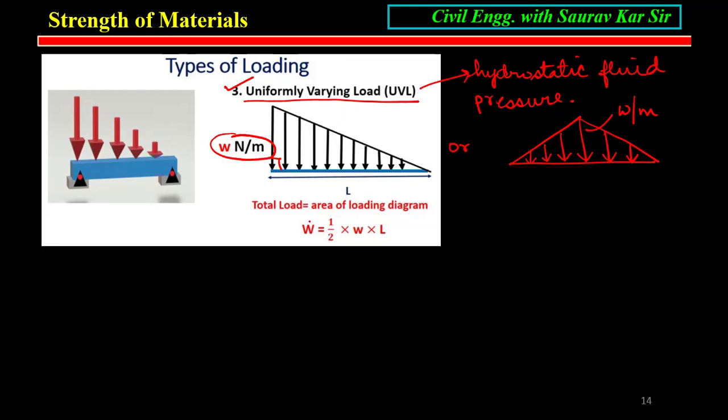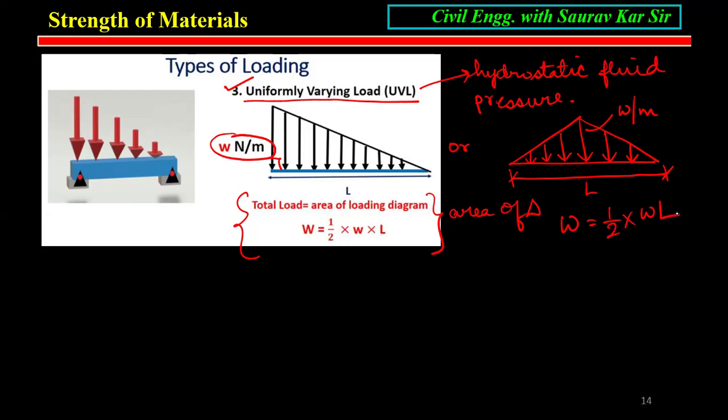So what will be the total load? Here we have to find out the total load. Load is nothing but the area of the triangle. If I consider the length L, the total load is half into base into height, half into w into L. This is the total shear force.